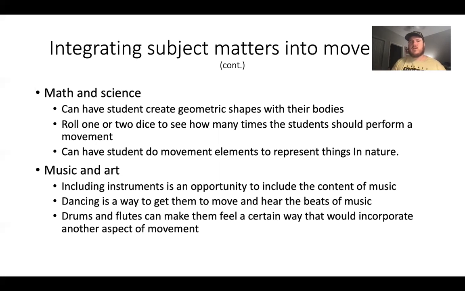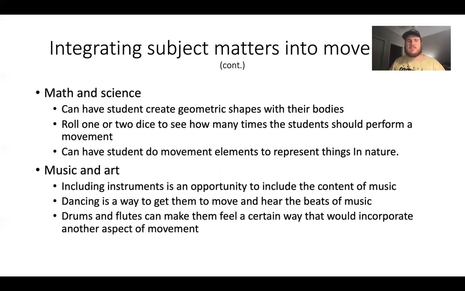With leaves or rain falling, get them to move as in how they feel the rain or leaves fall. For running water, like rivers, they could move as if they're a flowing river. It's just different ways to get them to think about their other subjects while they are moving in our lessons.